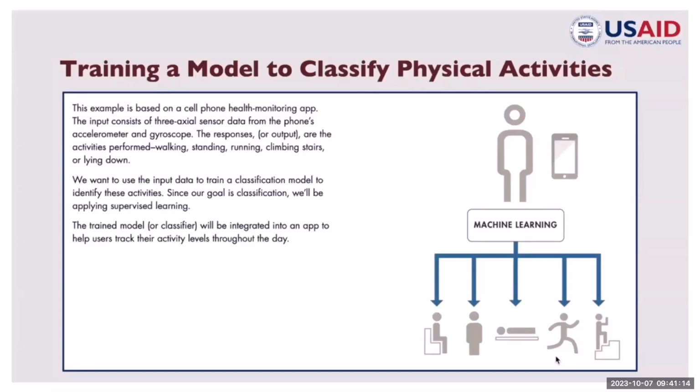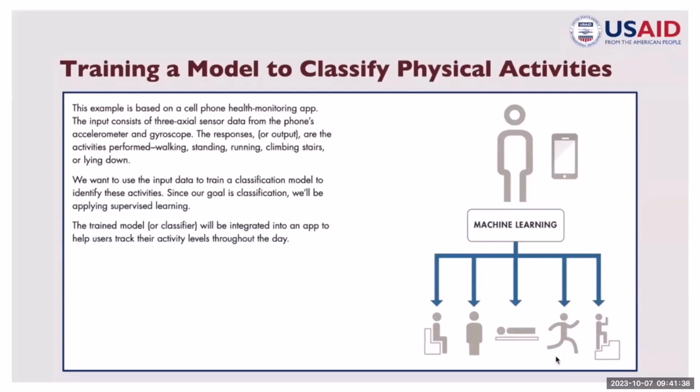So first, for the input features, we have the values from the accelerometer and the gyroscope, while on the other hand, our output label includes activities performed, such as walking, standing, running, climbing stairs, and lying down.